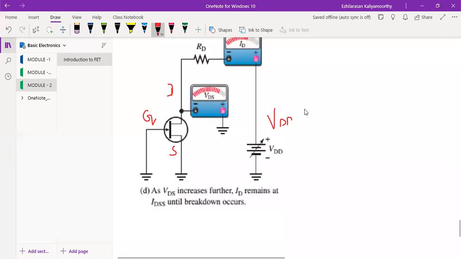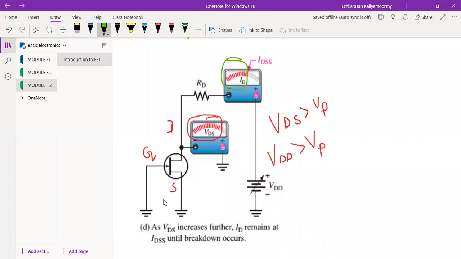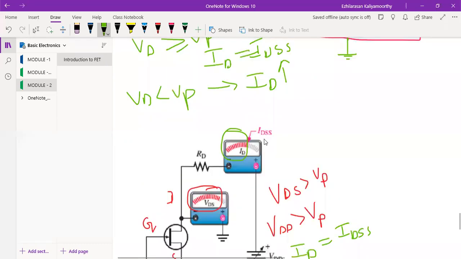Your VDS is greater than VP. See here, as it increases more, the current also increases. So as VDS increases further, ID will remain constant only. So ID will be equal to IDSS. After some time, breakdown will occur.